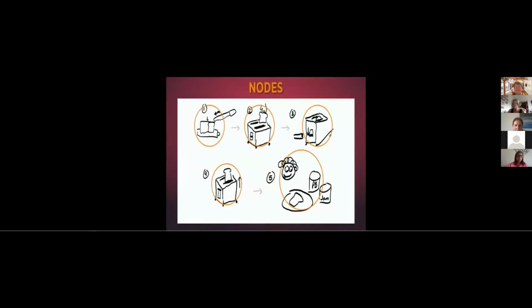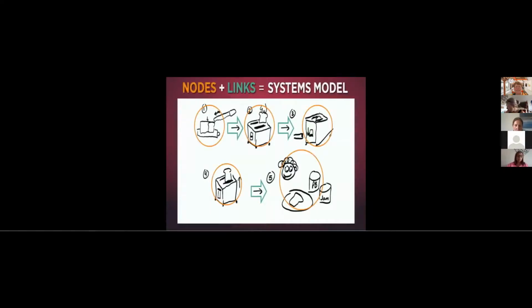So most drawings have nodes and links. Nodes represent the tangible objects like the toaster and people, and links represent the connections between the nodes. And it's the combination of links and nodes that produces a full systems model. It makes our private mental models visible about how we think something works.